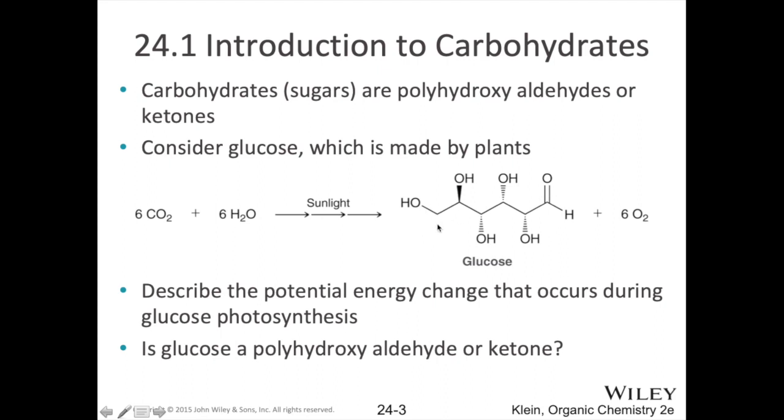We have two hydrogens over here, so that's just a CH2 group. And over here we have a carbonyl. Okay, so that's going to be something that we're going to notice in all of our carbohydrates. There's going to be a carbonyl present at one end of the molecule. In this case, it happens to be an aldehyde, though that need not be the case. You could have a carbonyl on that second carbon, then you'd have a ketone, but we'll talk about that in a little bit.